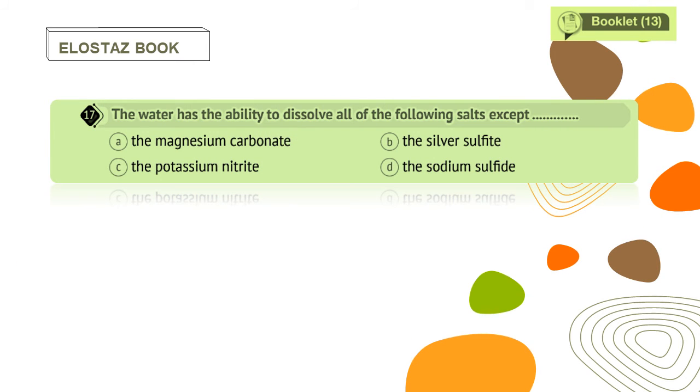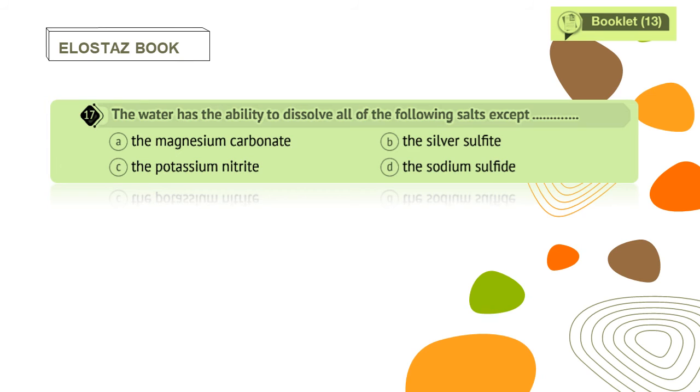Question 17 says that water has the ability to dissolve all of the following salts except. Okay, we said that we have a kind of salt that can't dissolve in water. We have salts poorly soluble in water, that are stable. Okay, we have magnesium carbonate.